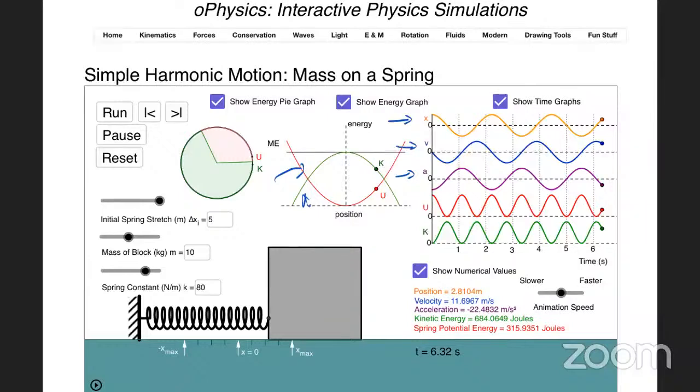Look at the displacement graph. What type of function does it behave like? Cos, that's a cos graph. What about velocity? Sine. And the acceleration graph behaves like a minus cos. See that?